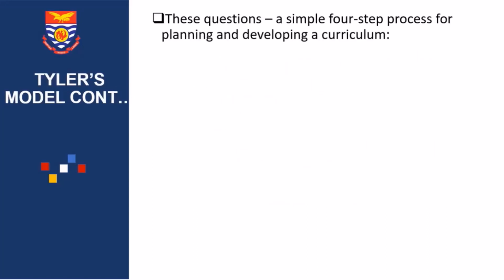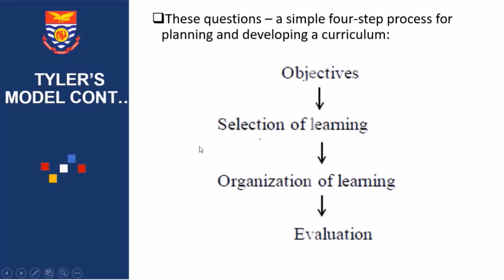So let's look at the model in detail. From these questions, a simple 4-step process for planning and developing curriculum was derived, and as you can see on the screen, the first step is objectives.